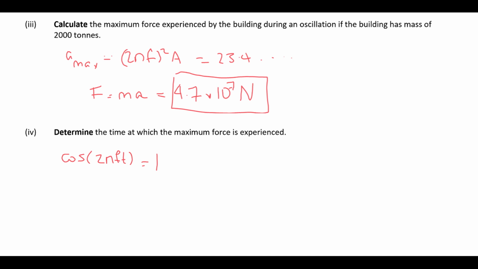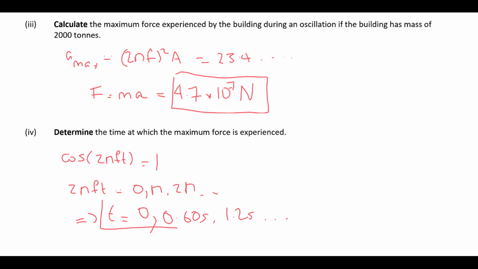Which means that essentially 2 pi f t is going to equal 0, or I suppose pi, 2 pi, etc. Which means that it's going to be experienced at time equals 0, pi divided by 5.2, 0.60 seconds, let's times that by 2, 1.2 seconds, etc. So there's actually an infinite number of solutions, because it's essentially every half cycle. So those would be the times at which this maximum force would be occurring.